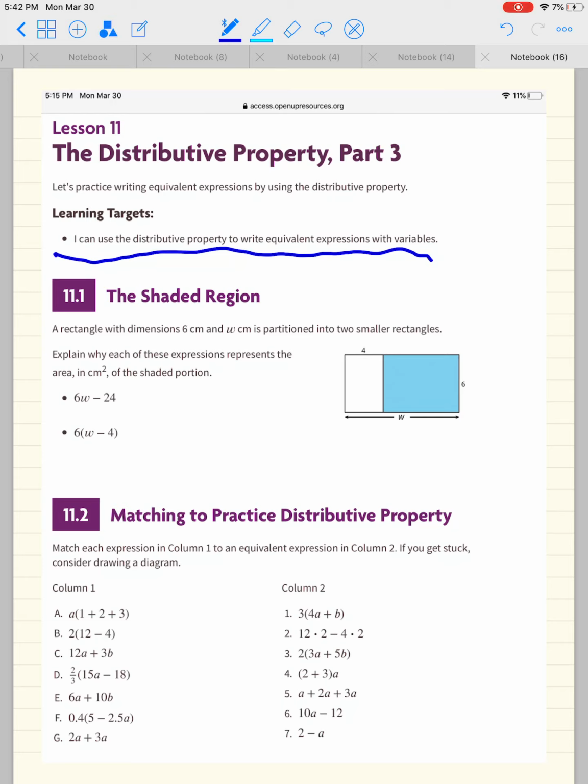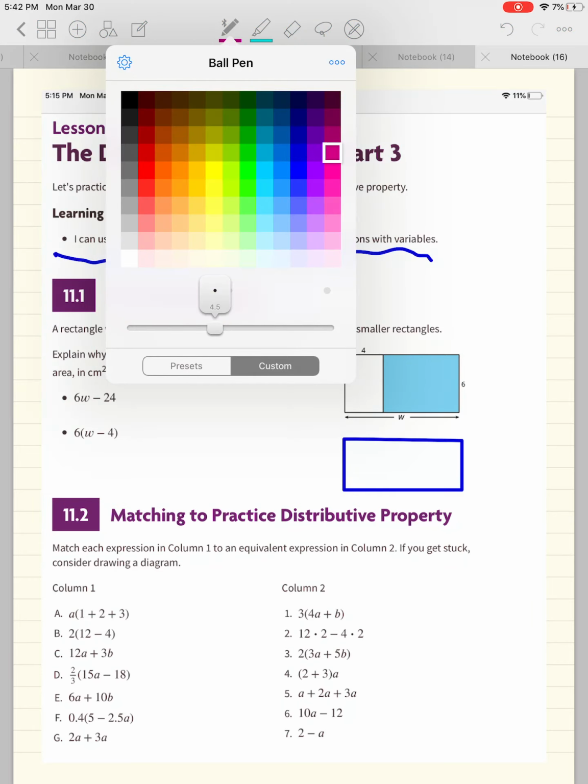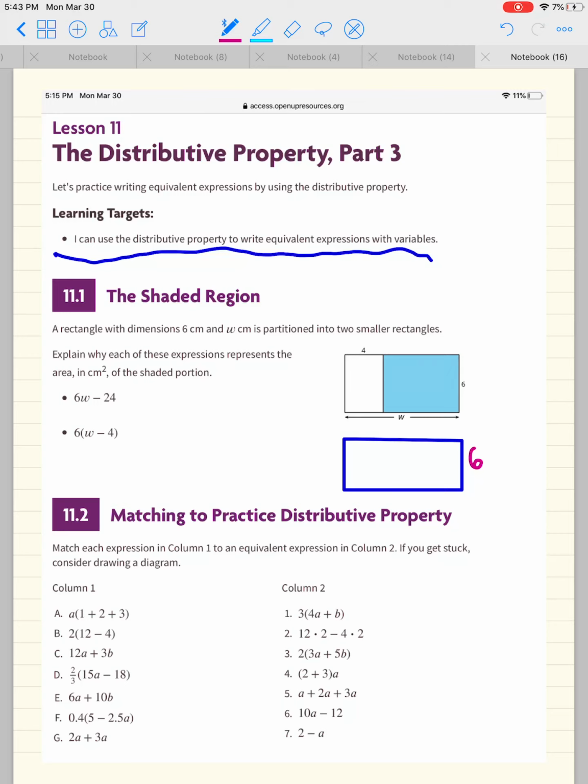Let's get started. So I'm going to draw another rectangle for this one. That's supposed to be the same one as the one above. It says a rectangle with the dimensions 6 centimeters and W centimeters, so this side is 6 and this entire side is W. It is partitioned, meaning cut into 2 smaller rectangles.